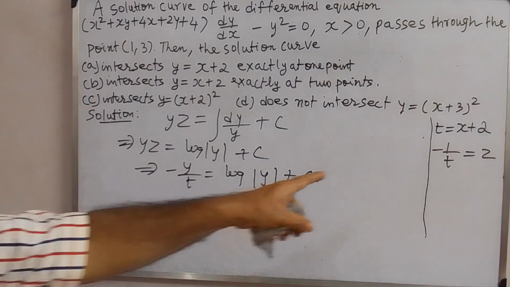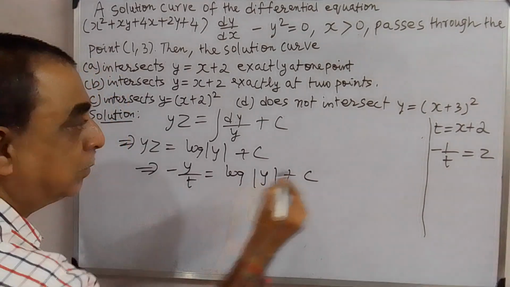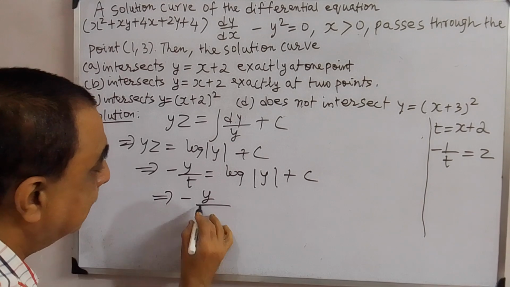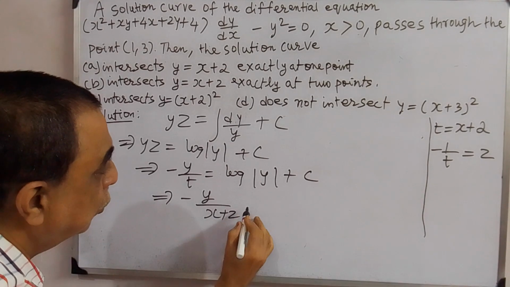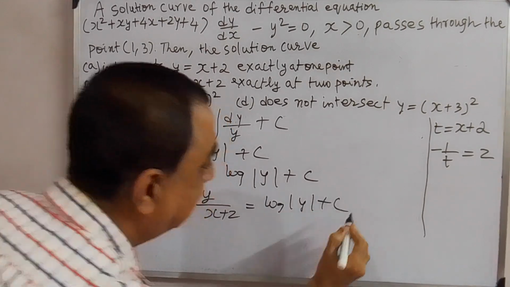Now t is equal to x plus 2, so in place of t you write x plus 2.